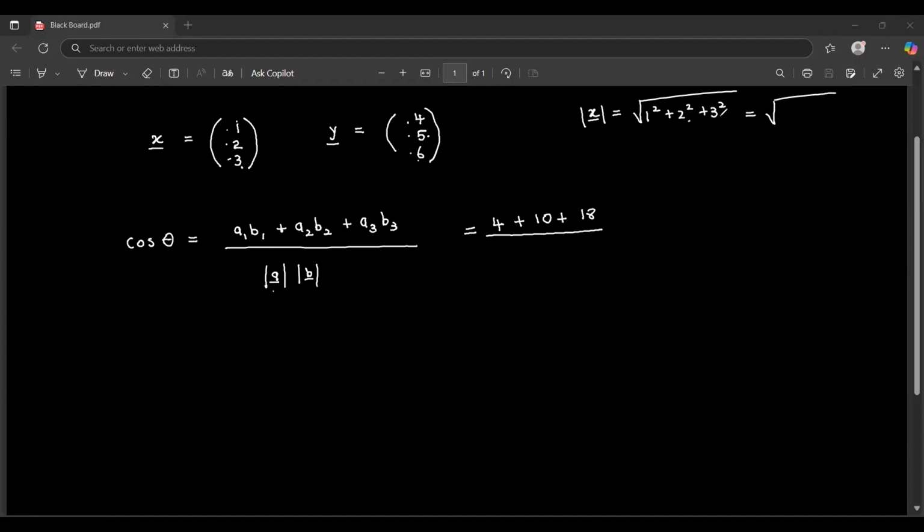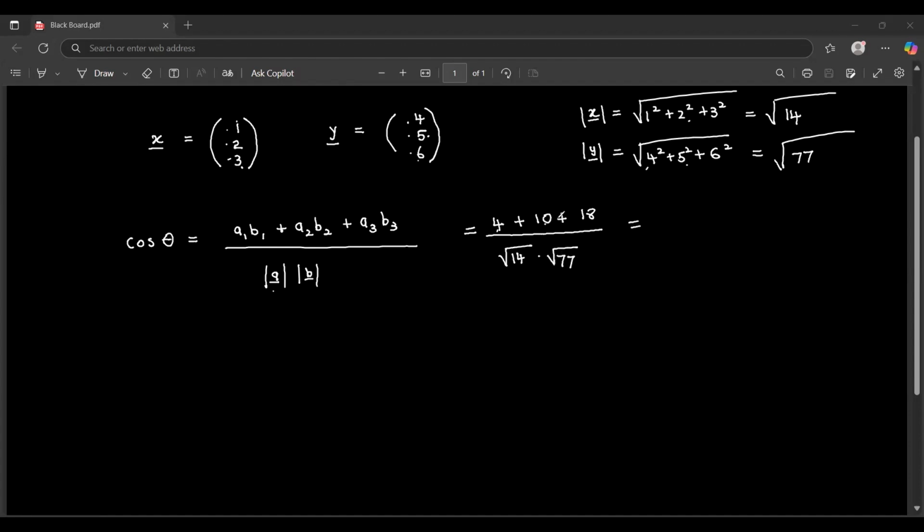And that is equal to square root of 14. So that is 1 plus 4, 5, plus 9, 14. And similarly, modulus of y is equal to square root of 4 square plus 5 square plus 6 square. So that is equal to 16 plus 25, 41, 41 plus 36, 77. So we have square root of 14 into square root of 77.